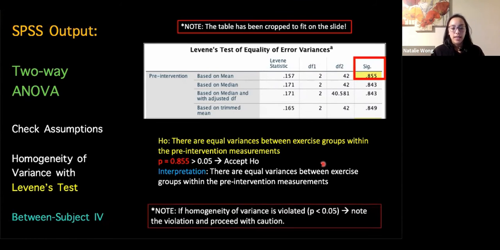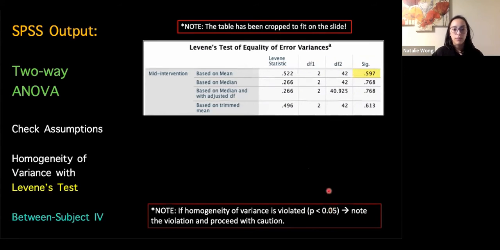If we violated it, same thing that we had for our two-way independent ANOVAs, we don't really have an adjustment factor that we can apply to our degrees of freedom in the repeated measures analysis, which is where we got this output from. So if any of your p-values violate homogeneity of variance, you just note the violation, and keep moving forward like normal. But that would be for our pre-intervention measurements.